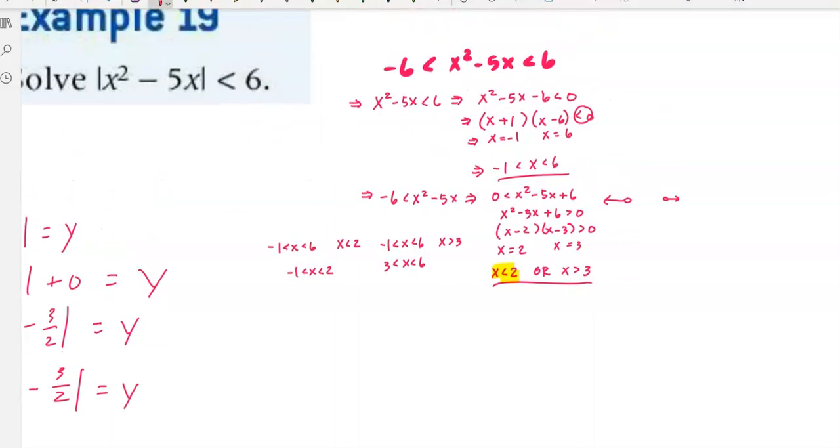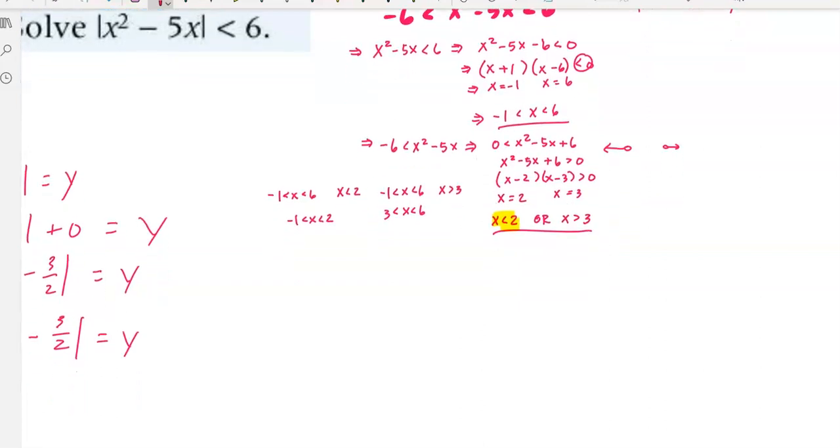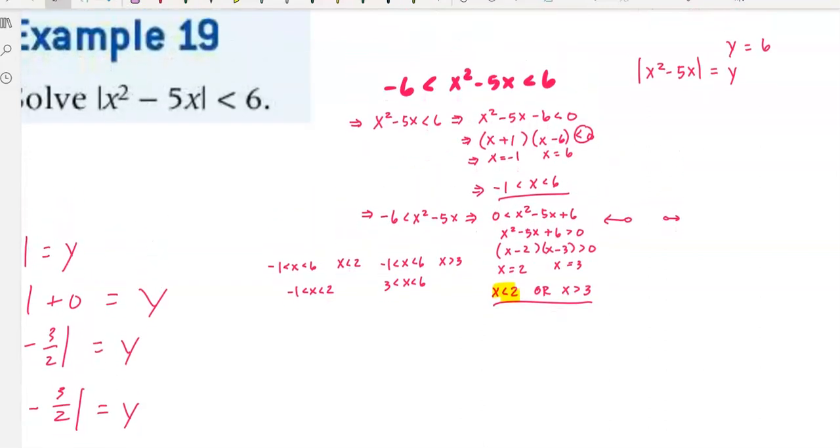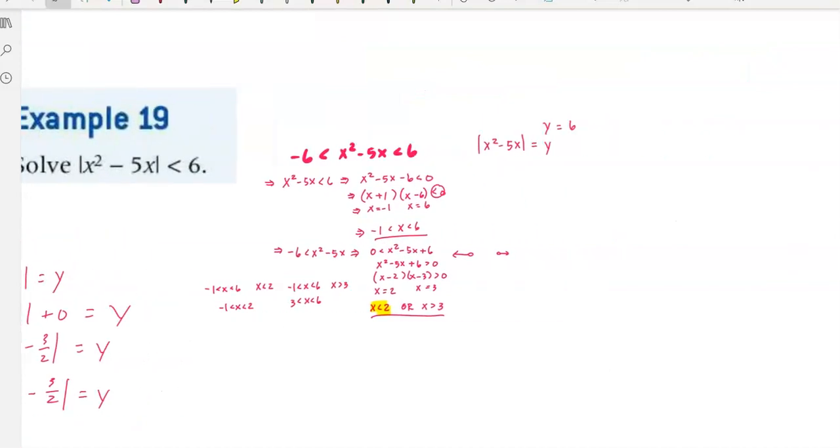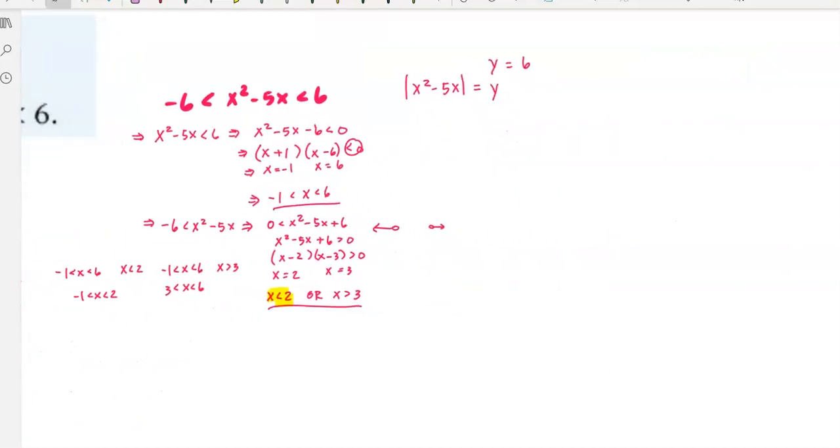you have the quadratic, x squared minus 5x, the absolute value of it, and y equals 6. It's kind of a funky graph. It's a quadratic, but then at the end it looks kind of like an absolute value function.